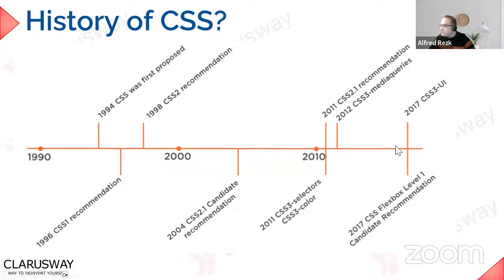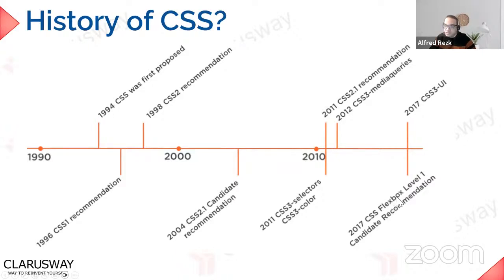Okay, back in 2017, they introduced the Flexbox Level 1 candidate recommendation and the CSS3 UI. And I can tell you that Flexbox and the grid layout in CSS are new additions for CSS3.